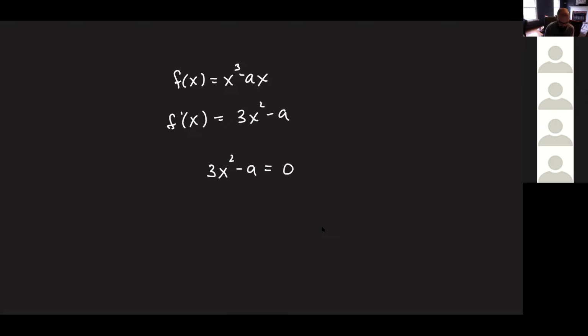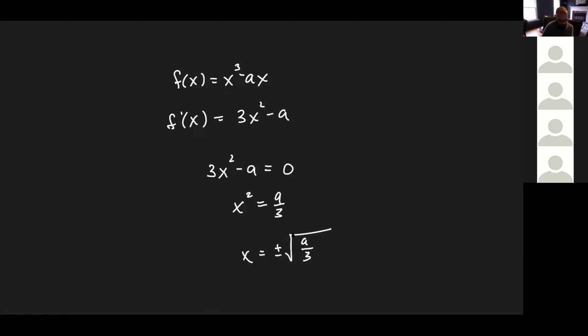But when I set this equal to 0, I would get x squared equals a over 3, or x is equal to plus or minus the square root of a over 3, okay? Through looking at a first derivative sign chart or the second derivative test, we could check these things.